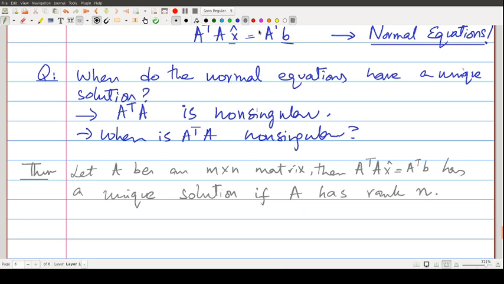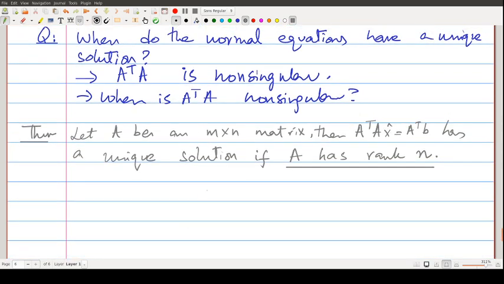This is the important bit right here. So this fact guarantees me that if I can guarantee that A is a rank n matrix, then I'm done. Then x hat will be a unique solution that I can find. So I can find x hat to be equal to (A transpose A) inverse A transpose b. I can find a solution to this system.